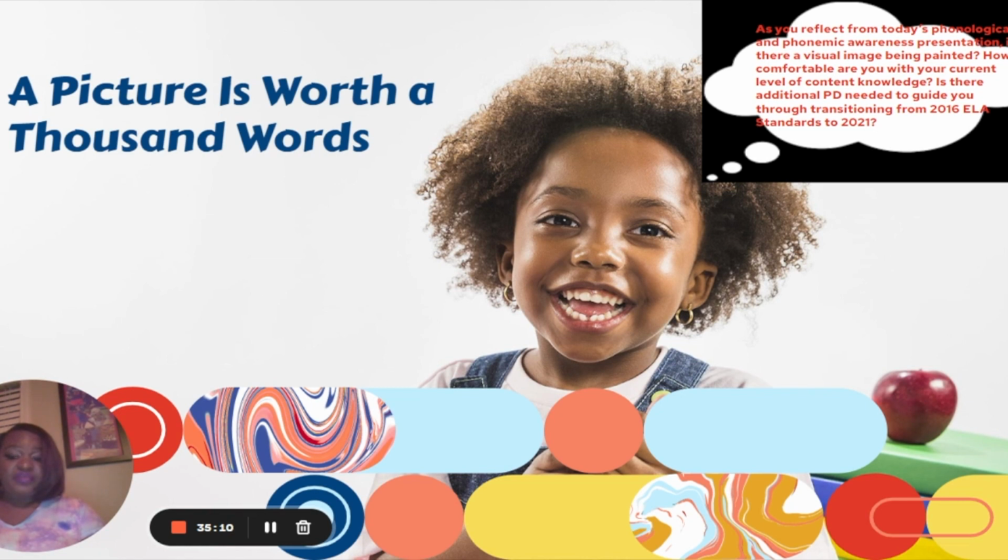As reflective practitioners, these are some things that we can journal or discuss with our peer teachers so that we can understand what is coming as it relates to the 2021 standards. I hope that you take advantage of all of the opportunities to gain more knowledge on these standards.